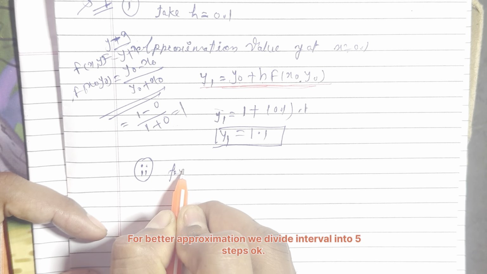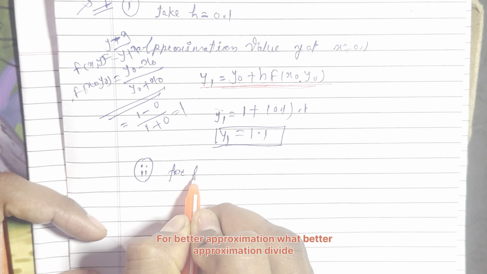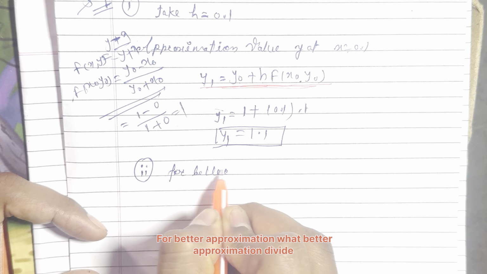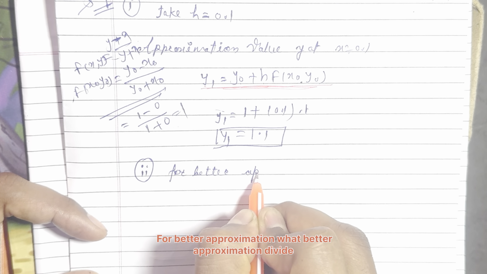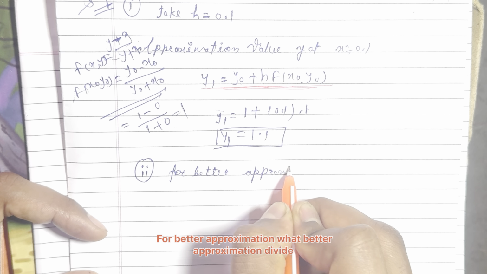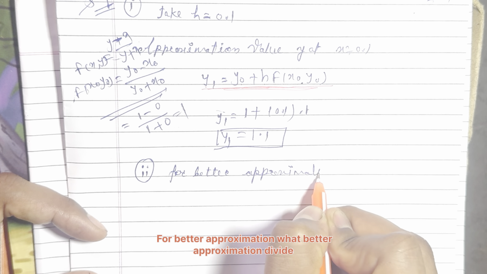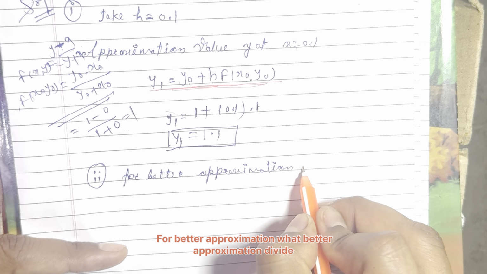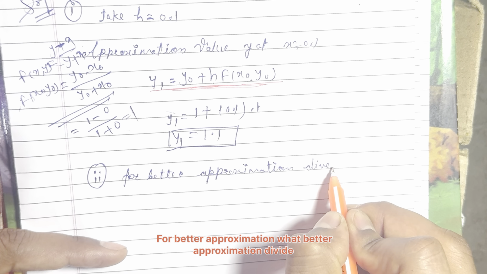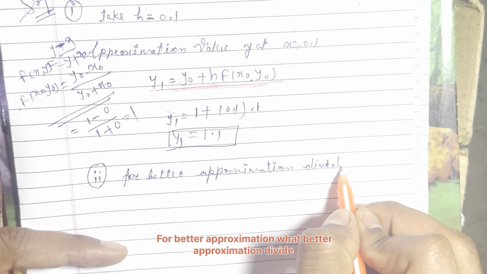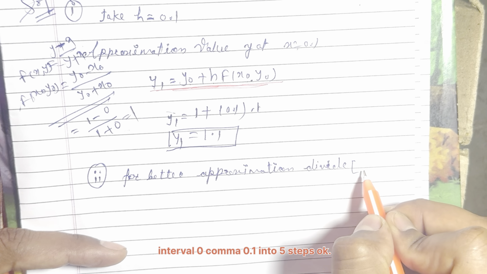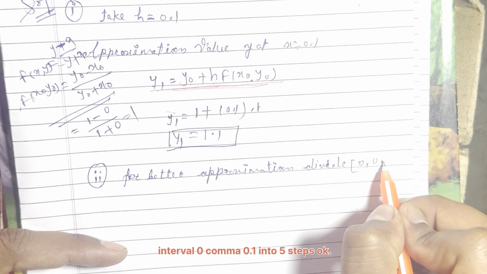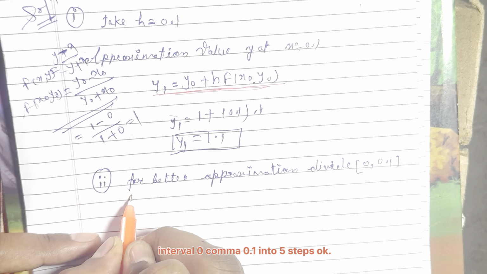For better approximation, divide the interval 0 comma 0.1 into 5 steps.